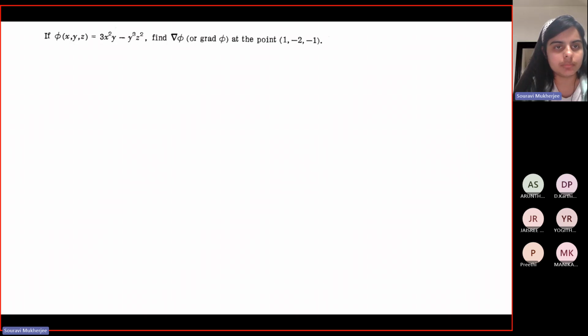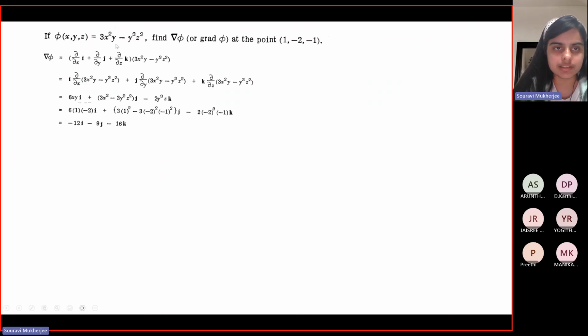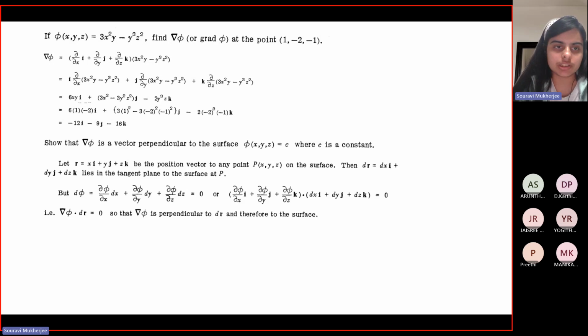You know the mathematics of it. You apply this operator to your scalar quantity and what you get is a vector. Now, what does this vector tell you? It has a direction. What is this direction actually?